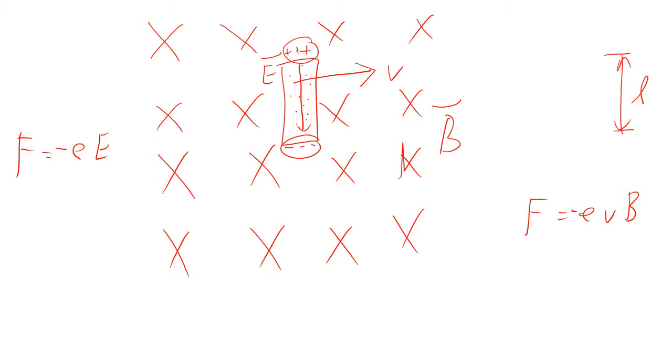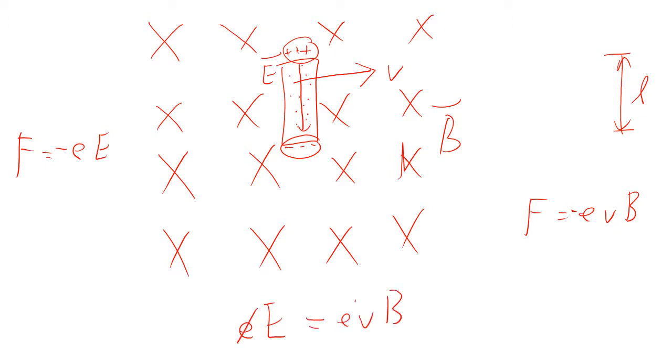So the result of that is that the motion pushes electrons down, but then the electric field tries to push the electrons up. So the two tend to balance each other. Eventually, they're going to balance: eE equals evB.